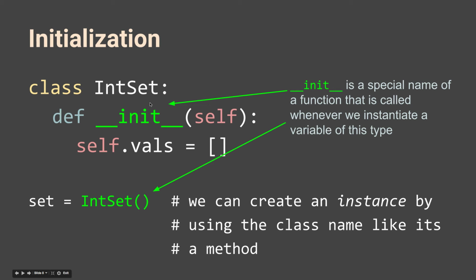It's a special reserved name for a function that is called whenever we instantiate a variable of a particular type. So every one of the classes that you create should have an init function. The init function you never call directly. It gets called implicitly when someone creates an instance of your class using that standard syntax when they call your class name. So when we say IntSet open and close parentheses, automatically we will call the init function.